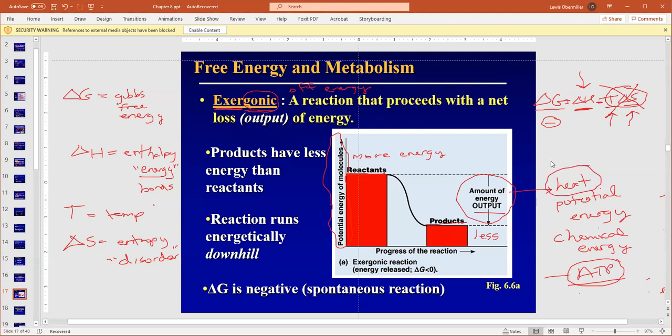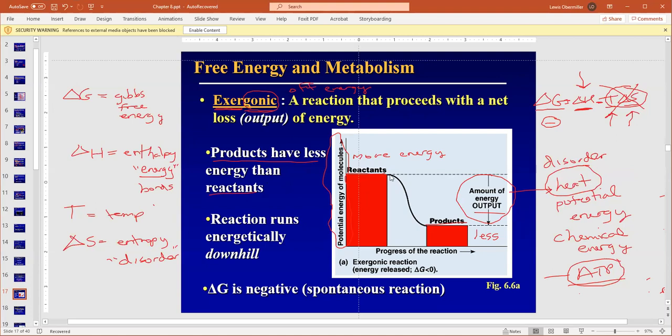Remember, heat energy is disordered energy because it's just randomly flying around. If you just think about heat, it would just escape into the universe and go wherever. So it's not a very useful form of energy, and it falls into this delta S category. What you should take away from this is that the products have less energy than the reactants.